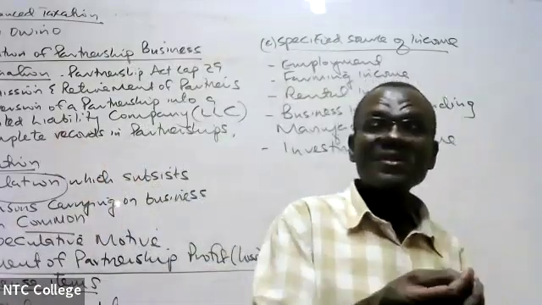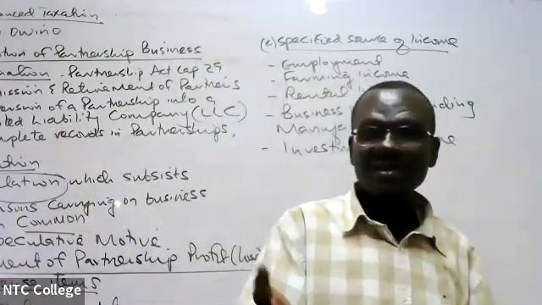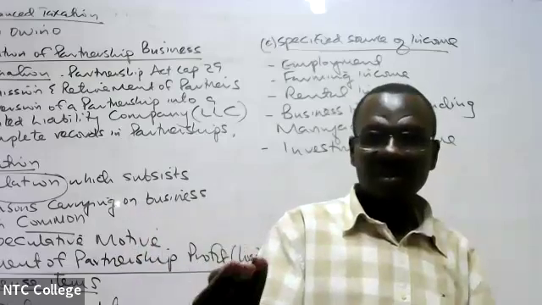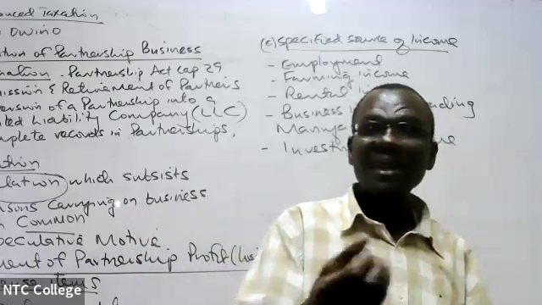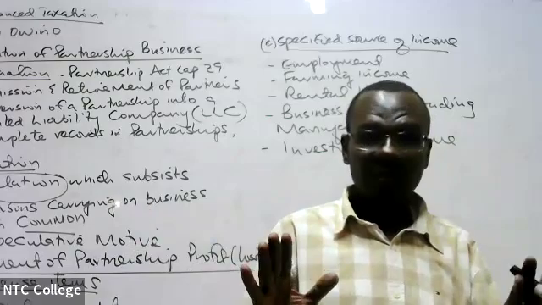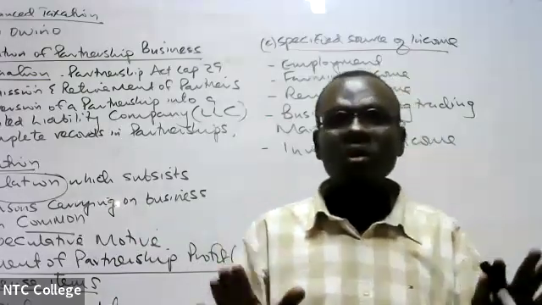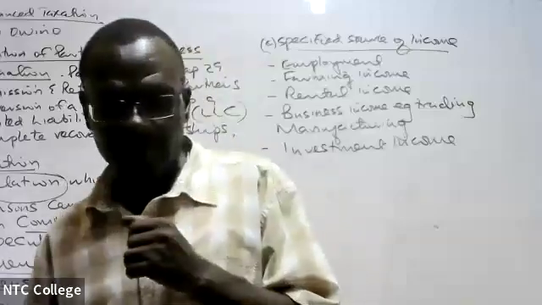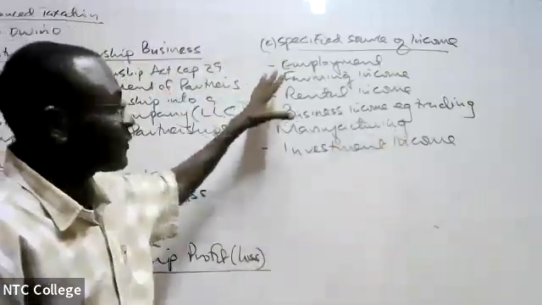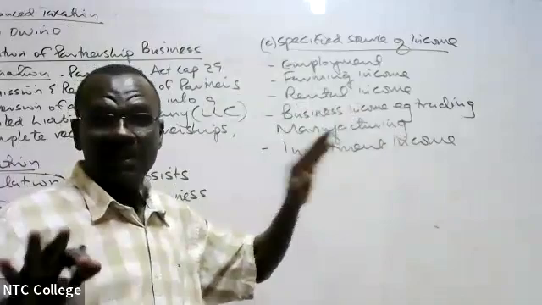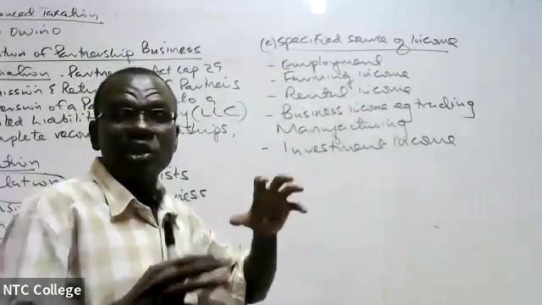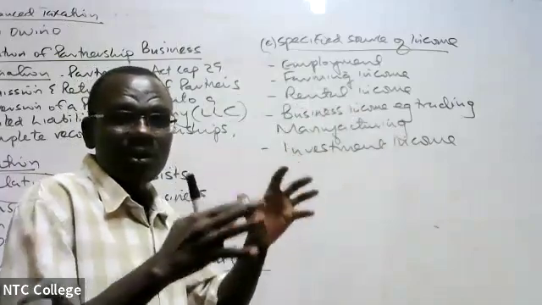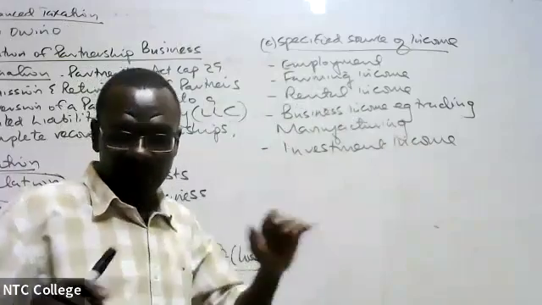For interest, there's withholding tax of 15% at source. For dividend income, there's withholding tax of 5% and so on. So what am I saying in essence? Each of these sources has to be separated so that you can calculate each source separately.